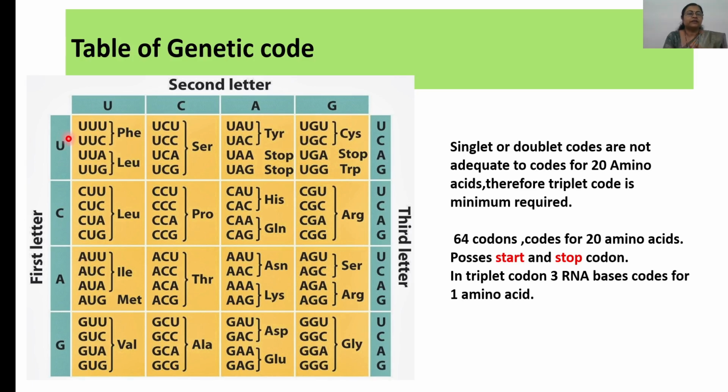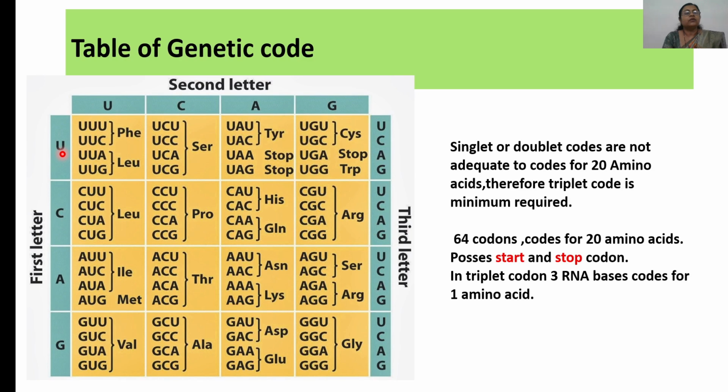See the arrangement. The nitrogen bases U, C, A, G: uracil, cytosine, adenine, guanine. These are the first letter which we take in a codon. Then we take the second letter from here and the third letter from this sequence.